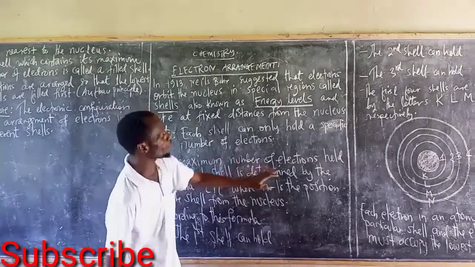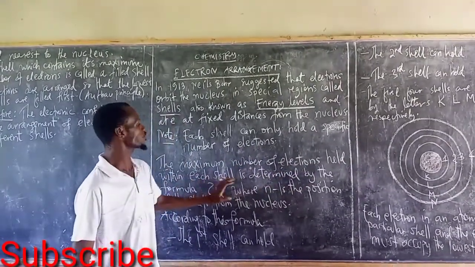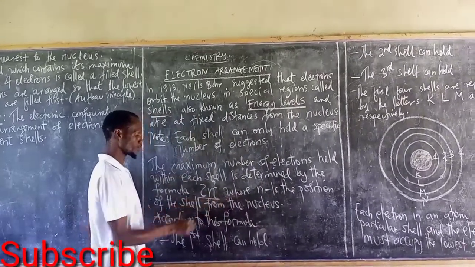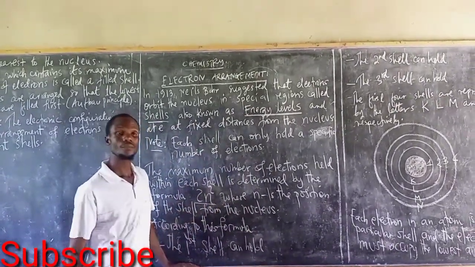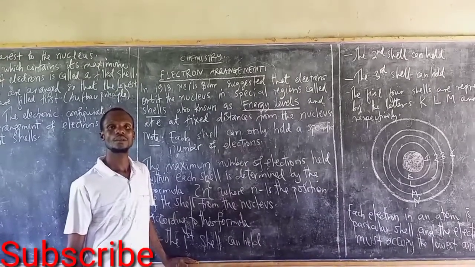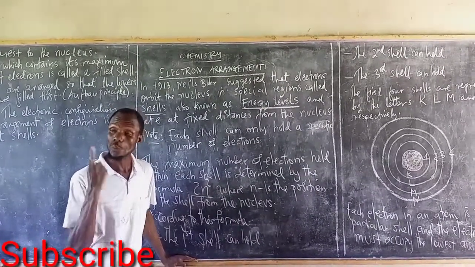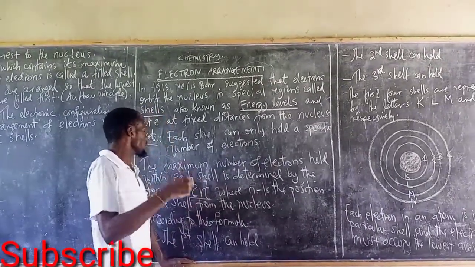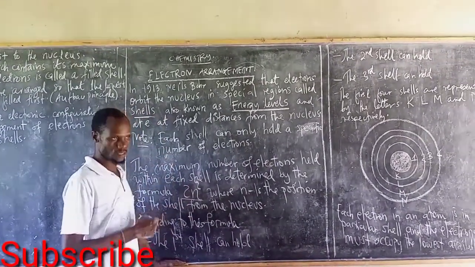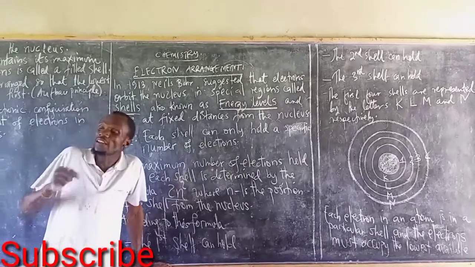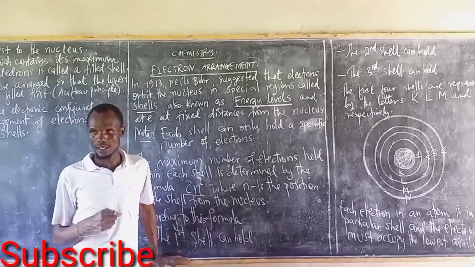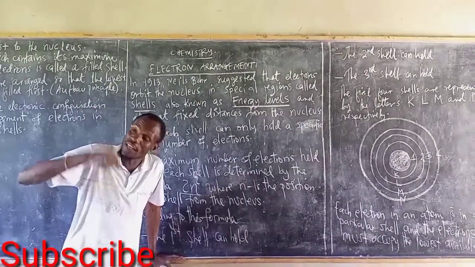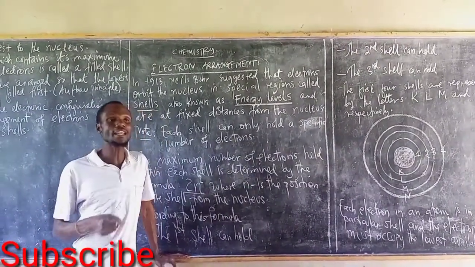The maximum number of electrons held within each shell is determined by using this formula: 2n squared, where n is the position of the shell from the nucleus. If the shell is the first one from the nucleus, n is equal to 1. If the shell is the second one from the nucleus, n is equal to 2.